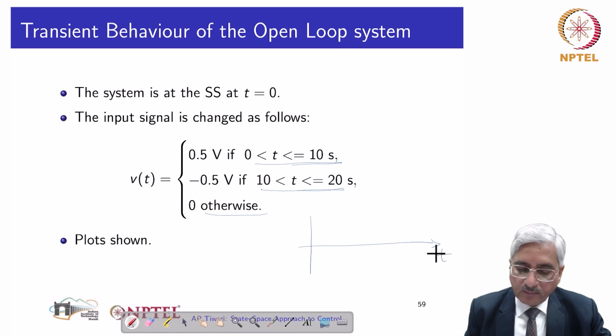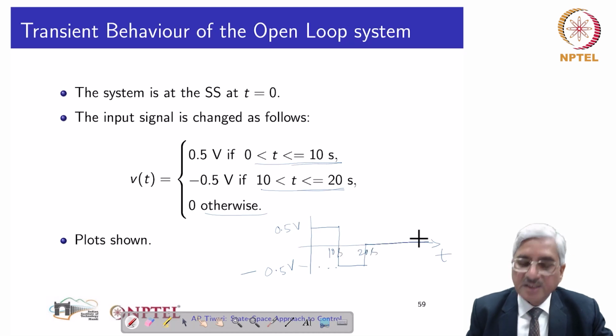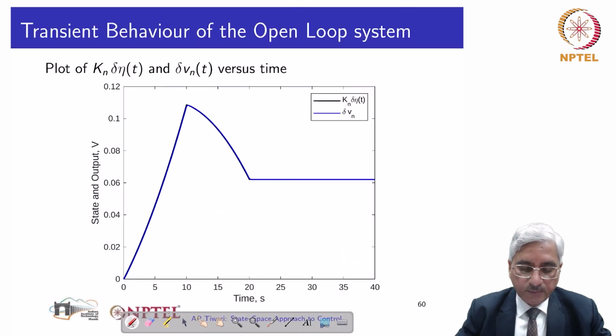This is the time. So between 0 to 10 seconds, the voltage is 0.5 volts. At 10 seconds, it is brought to minus 0.5 volt. So this is 10 seconds, this is 20 seconds. Subsequently, it is maintained 0. So it's a kind of single positive pulse followed by a negative pulse to neutralize that, and subsequently it is kept 0.